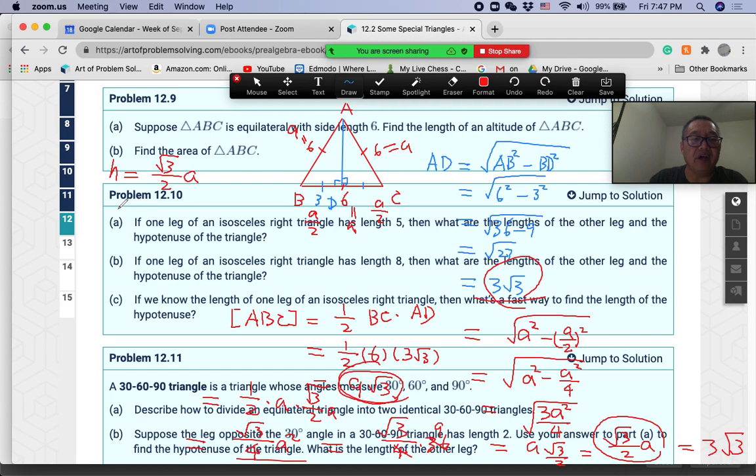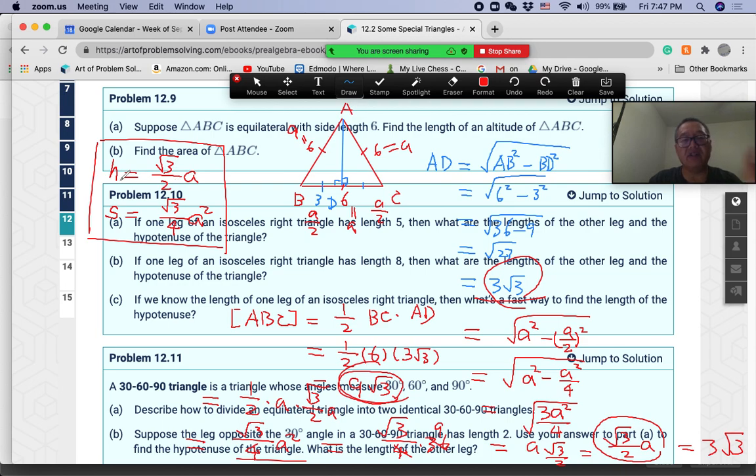Then the area, usually we use A or S, now here we use S, of this triangle will equal root 3 over 4 times A squared. This is a very important formula for the equilateral triangle.